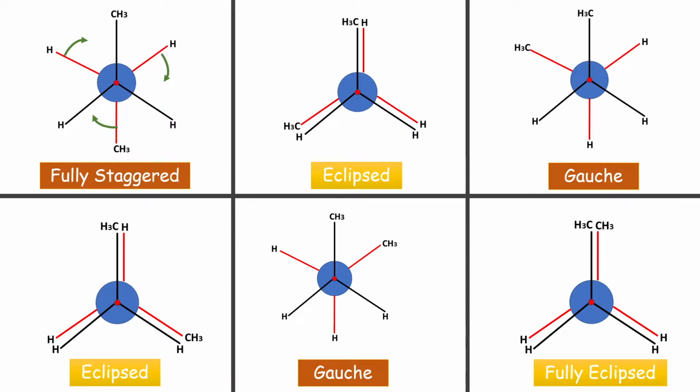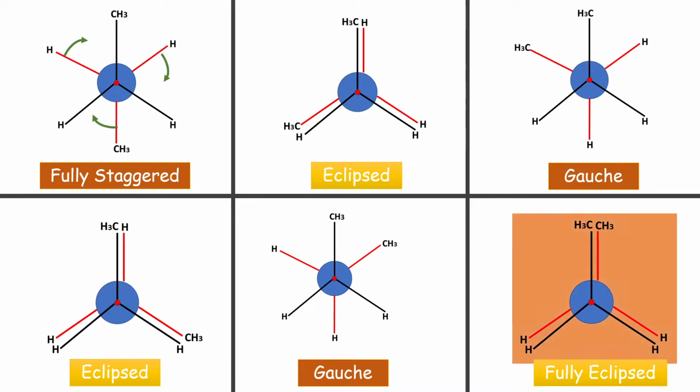Out of the 3 staggered conformations, the conformation in which two methyl groups are far apart from each other is called fully staggered, and the two remaining conformations are called gauche conformations. Out of the three eclipsed conformations, the conformation in which two methyl groups are exactly behind each other is called fully eclipsed, and the remaining two conformations are called eclipsed conformations.